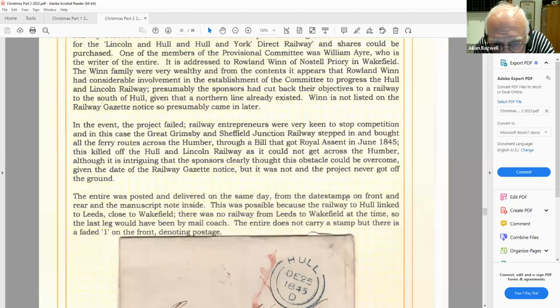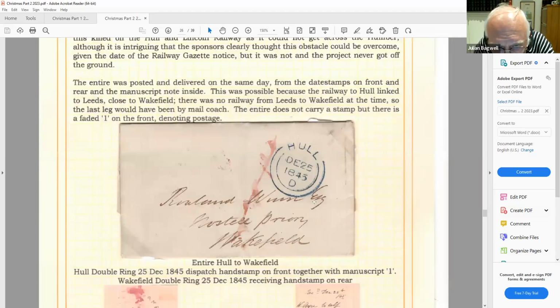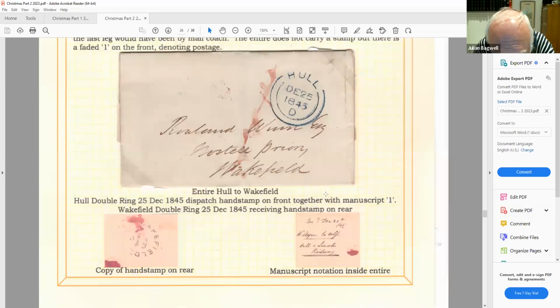Now we come to, again, a different hand stamp. This is double ring, Hull, December the 25th, 1845 on it. And on the back there's the Wakefield receiving mark. Again, no stamp. Again, a 1 to denote the payment, but no paid on it.